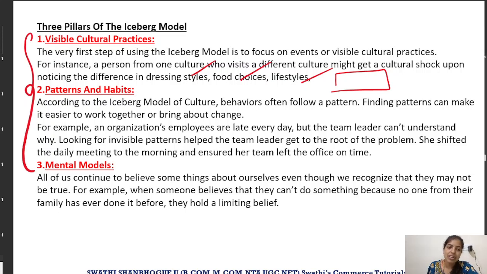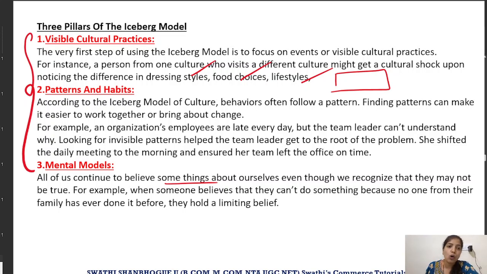And the third thing we have to keep in mind is the mental model. Mental model says that some things may affect one person in a different manner, which may not affect another person in that same manner. That means, what are their beliefs and attitudes about that particular product. So if they have certain dislikes about one particular product, we have to understand them, and only then can we frame those products and sell them.